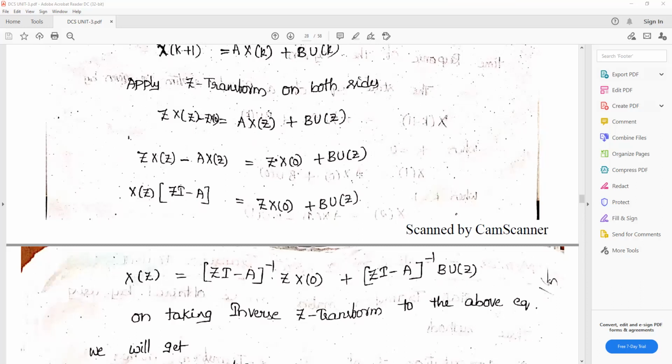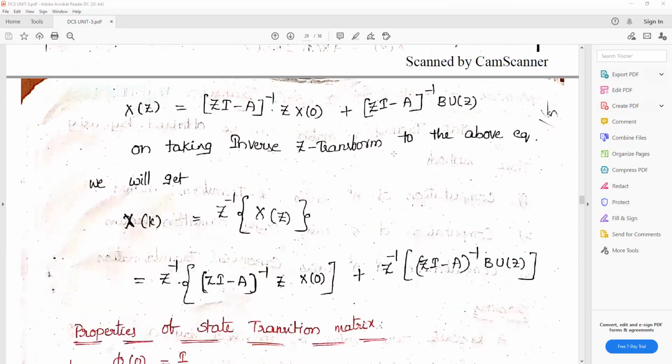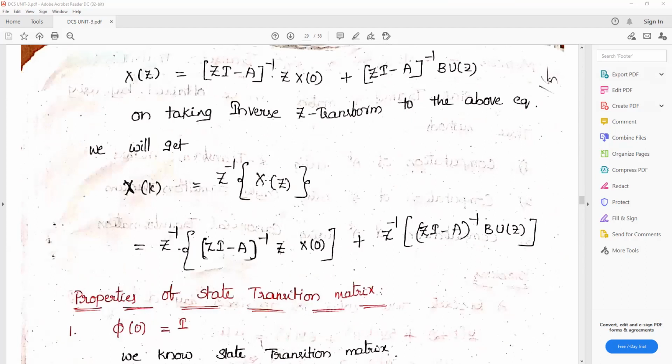In the time response, it is Laplace inverse of (sI minus A) whole inverse. In the Z transform, the formula is Z inverse of (zI minus A) whole inverse into z. This is the formula of the state transition matrix.